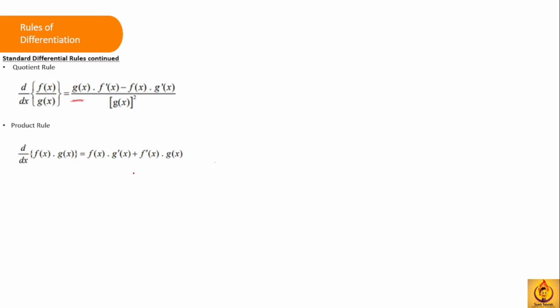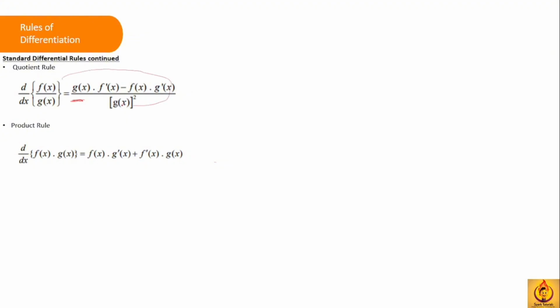All of that being all over, or divided by, the square of the function on your denominator. So it must always be the derivative of the function on your numerator multiplied by the function on your denominator, minus the derivative of the function on your denominator multiplied by the function on your numerator. So the product must stay like this: g of x multiplied by the derivative of f of x, minus the product of f of x multiplied by the derivative of g of x.